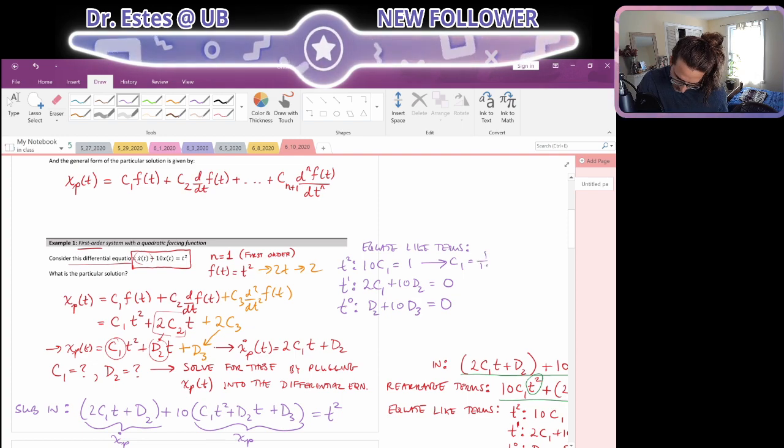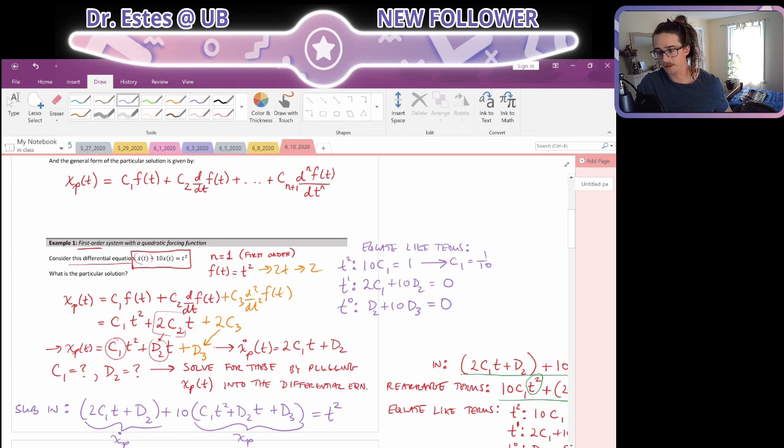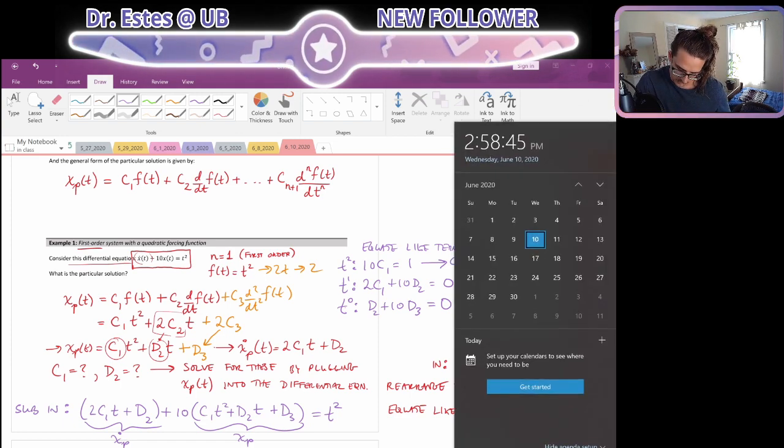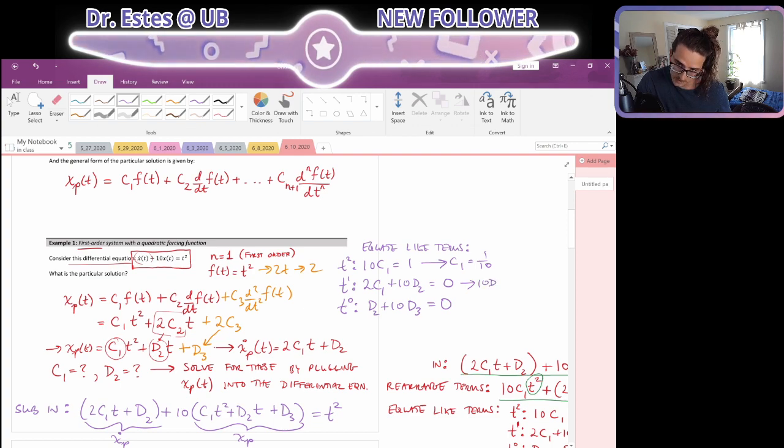C1 equals 1/10. I won't use MATLAB for this one. We'll just grind it out. Then from this one, 10d2 equals minus 2c1.